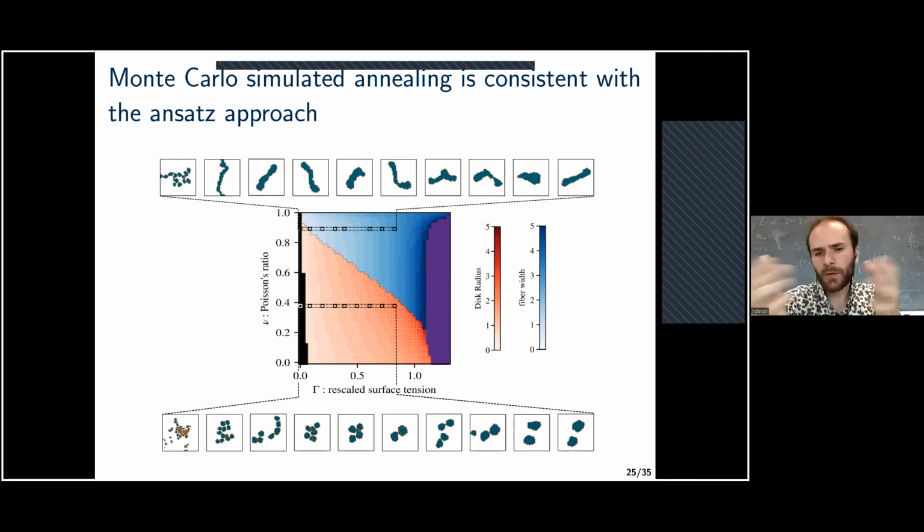So of course the results are not in perfect accordance, and one of the reasons for that is that with Monte Carlo simulated annealing, and especially in this case, we equilibrate the elastic energy of our aggregate at each time step. There's something like a million time steps for the equilibration of the disk, for instance.